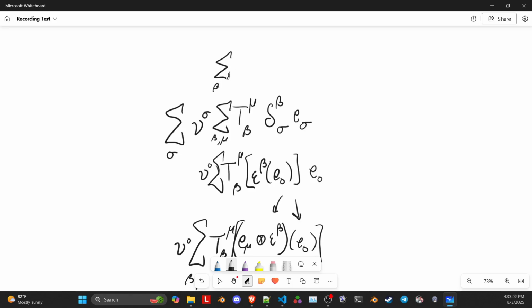So the sigma sum disappears. So V is replaced. We have beta, E beta.